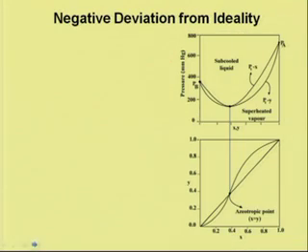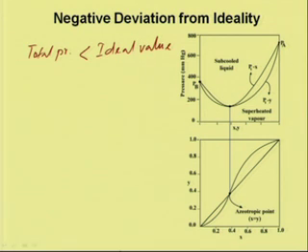Now, in some cases the total pressure calculated for a system is less than the ideal value. This is known as negative deviation from Raoult's law.